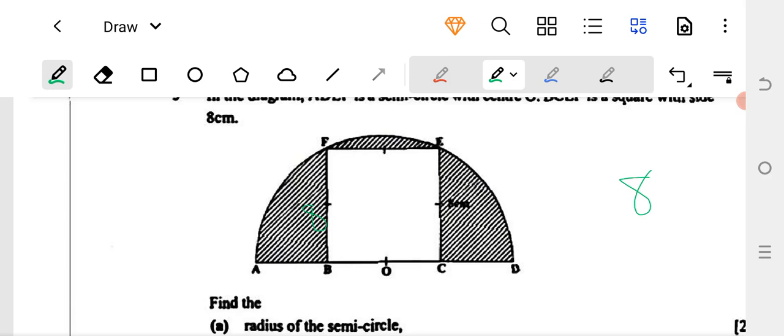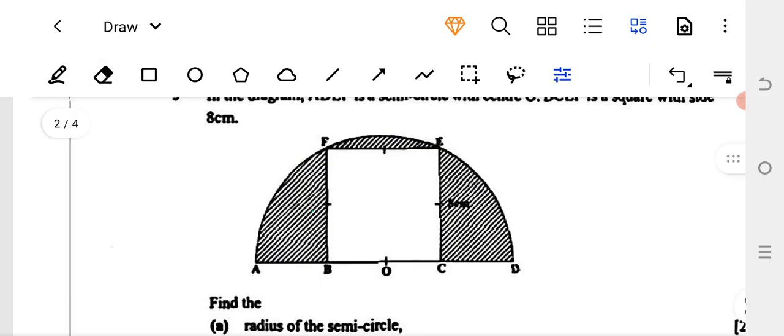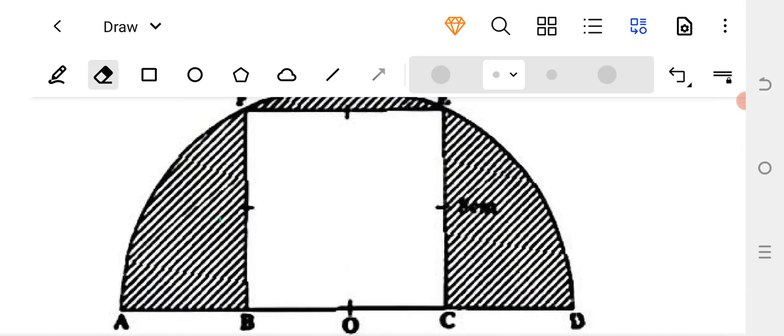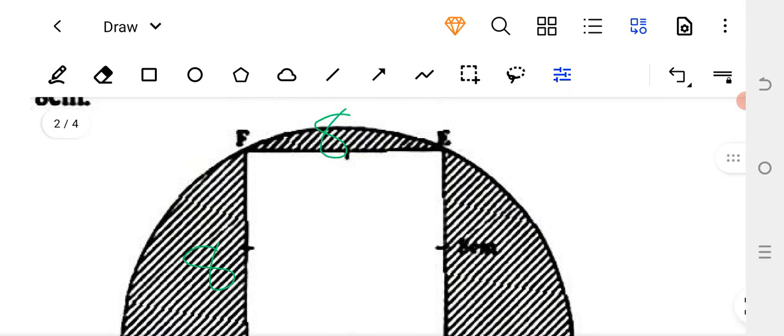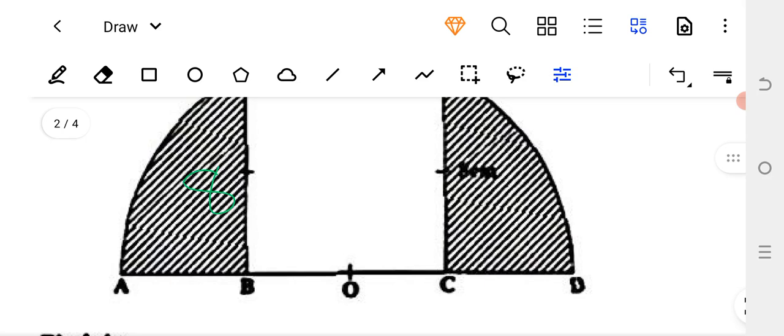Let's try to see what we can do. Okay, so this side we know that it's 8 centimeters, and then we also know that on top here it is 8 centimeters. That's something important to know, that it is a square.